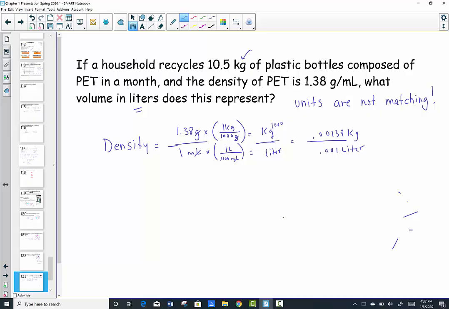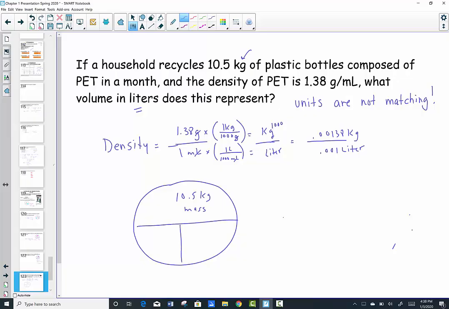Now, why did we do that? I want to make sure the mass and the volume match the units that are in density. So, for instance, in our round little buddy, 10.5 kilograms was the number given for the mass.